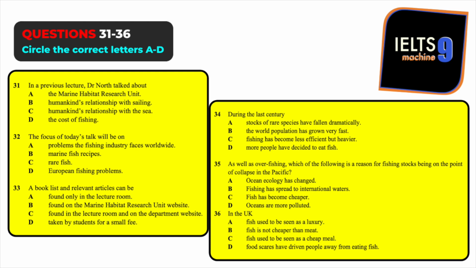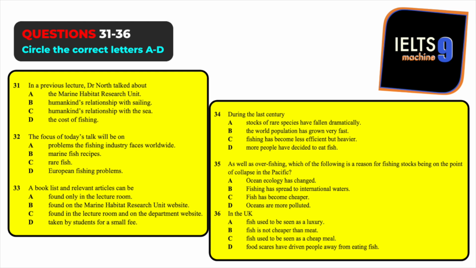During this time, the world population has grown at a phenomenal rate, with efficient and heavy fishing, which is technology-driven, meeting the increasing demands for food. As a consequence, many fishing stocks in the European waters, from the Atlantic to the North Sea and the Mediterranean, are now on the verge of collapse. But the problem is not restricted to European waters. It's a situation that's all too clear all around the world.